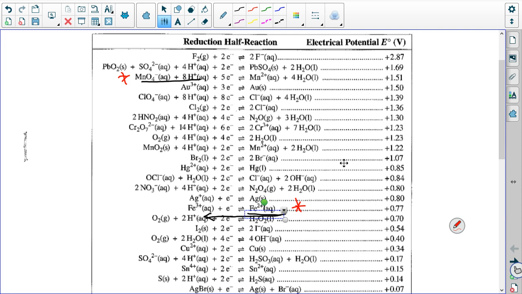We start with iron 2 plus, we end up with iron 3 plus and an electron. So we have to write the reducing agents always from right to left. That's why we have this double arrow in here, meaning that this reaction can happen in the left to right form or the right to left form.